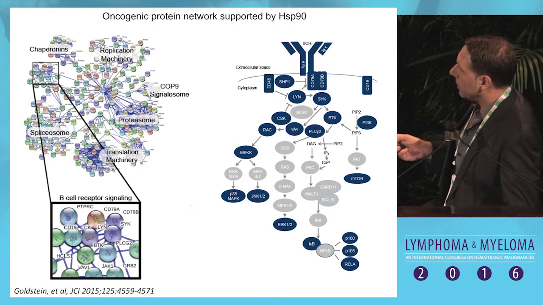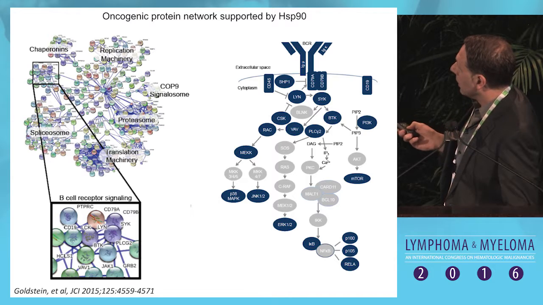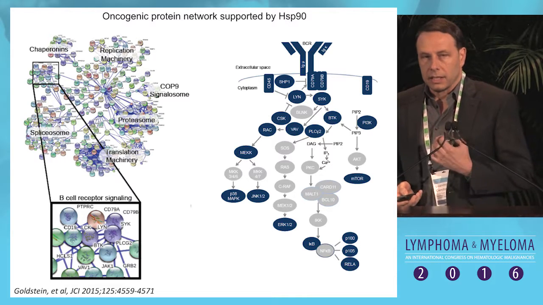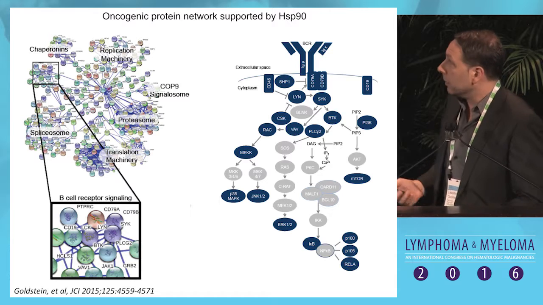And remarkably, the B-cell receptor signaling. As you can see here in blue, all these proteins in the B-cell receptor signaling and downstream are maintained and sustained by HSP90, so put together, and the activity is kept by them.